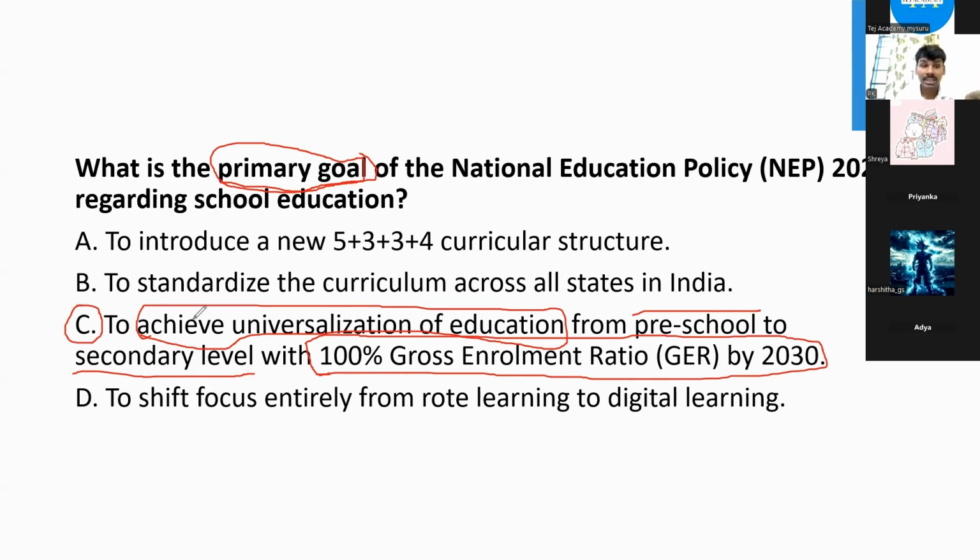So in case such a question arises where they are asking you for the primary goal of NEP 2020, the answer is to achieve universalization of education from pre-primary. At what stage does pre-primary start?